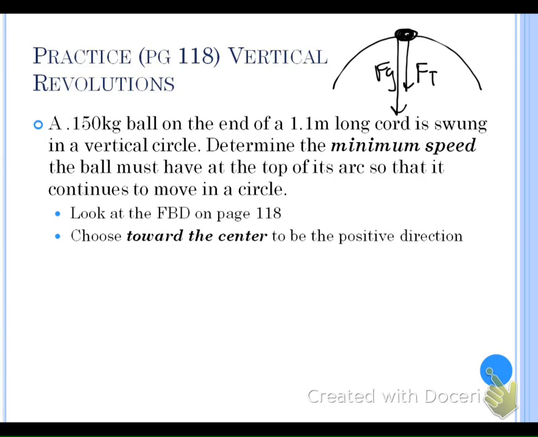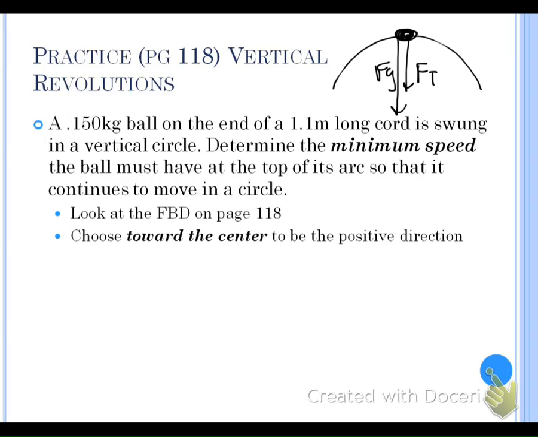Since we're looking for a minimum speed, we're looking for the absolute bare minimum tension that we can have in this string in order for it to stay on its path. Since we're looking for the absolute bare minimum where this string is taut, we're going to use our F-net equation, and we're going to say that force of tension in that case is 0, because it's just exactly enough for that speed to keep moving it forward on the path.